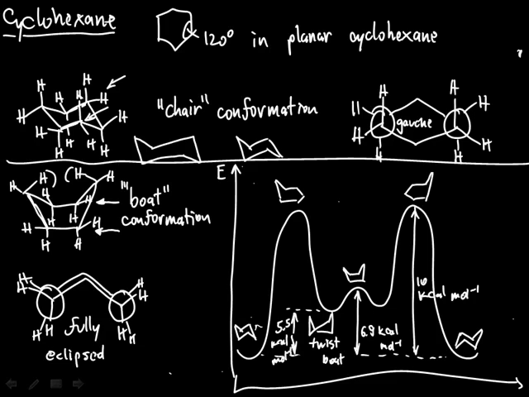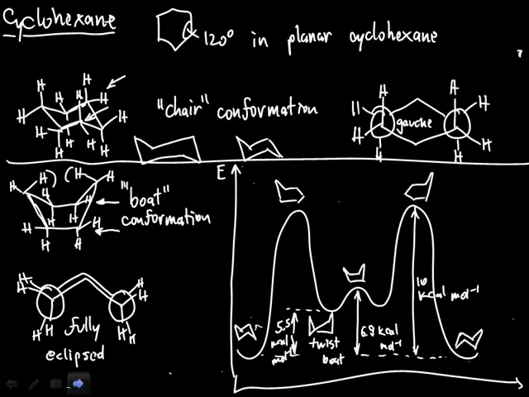The twist boat conformation, obviously there is this one and there is the mirror image of it, and this is a conformation which obviously is less stable than the chair. But in some specific cases, cyclohexane actually does adopt the twist boat conformation instead of the chair to release some other forms of strain.